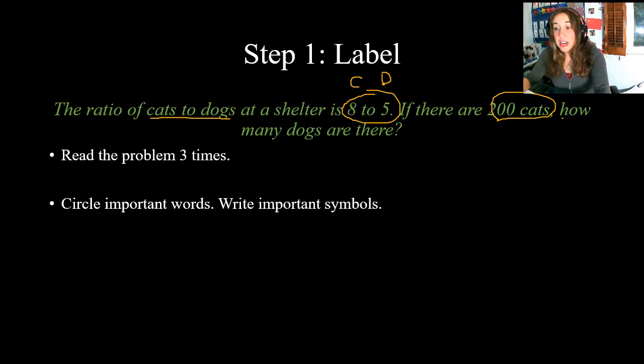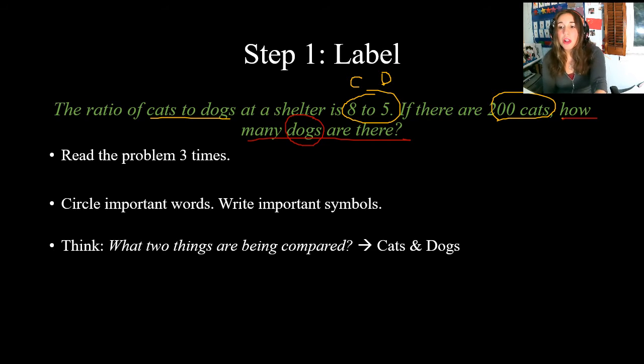And then the last time I read the word problem, I always zoom in on what the question is asking me. So I'd probably underline how many dogs are there. Oh, that's what I'm looking for, right? So now I sort of need to figure out what I'm labeling as my variable. So I'm going to think to myself, what two things are being compared? Okay, cats and dogs.